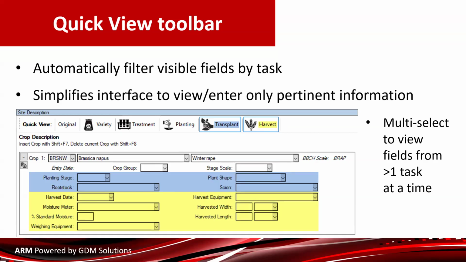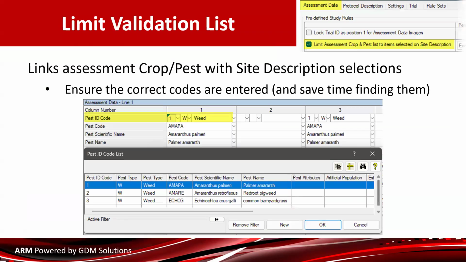Another topic here related to your crops and pests, I just like to point out this study rule. Won't spend too much time on rules, but I think this one is just so powerful and it really fits with this idea in your site description of making sure you document the details about the crops or the varieties that you're studying and/or the pests target that you have for that research.